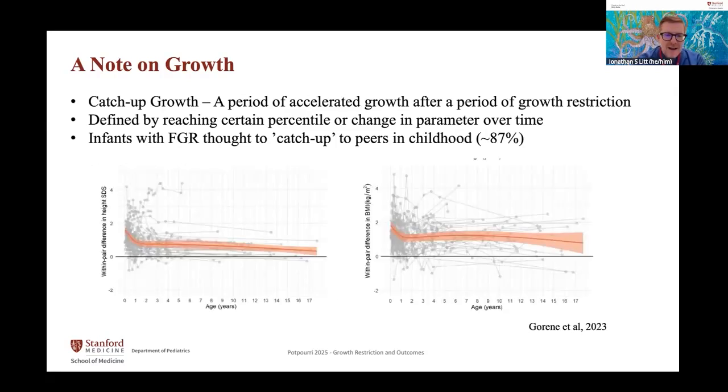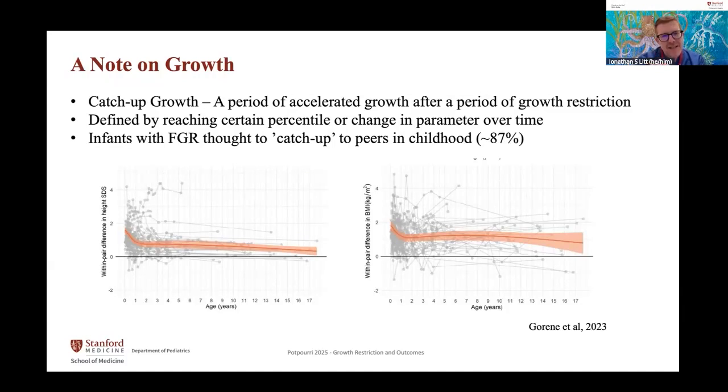From this study that's more recent, they compared children with fetal growth restriction to typically grown peers of the same age. And what you're seeing here in these two different graphs are the difference in growth parameters. In the figure on the left is the difference in height, and on the right is the difference in BMI.